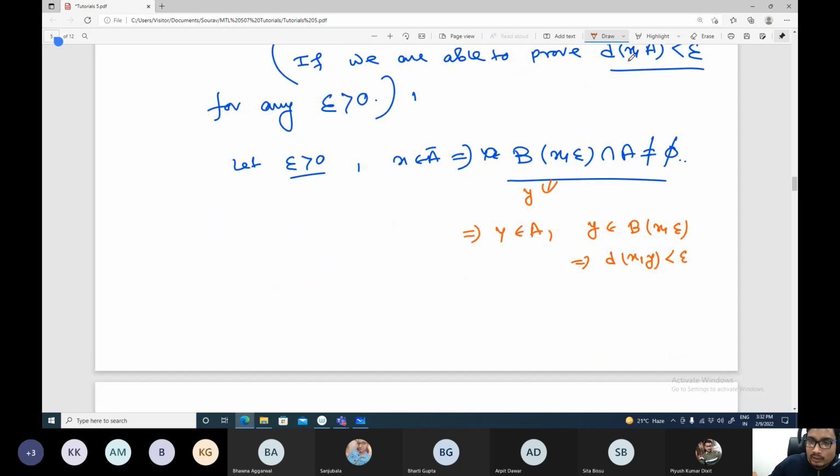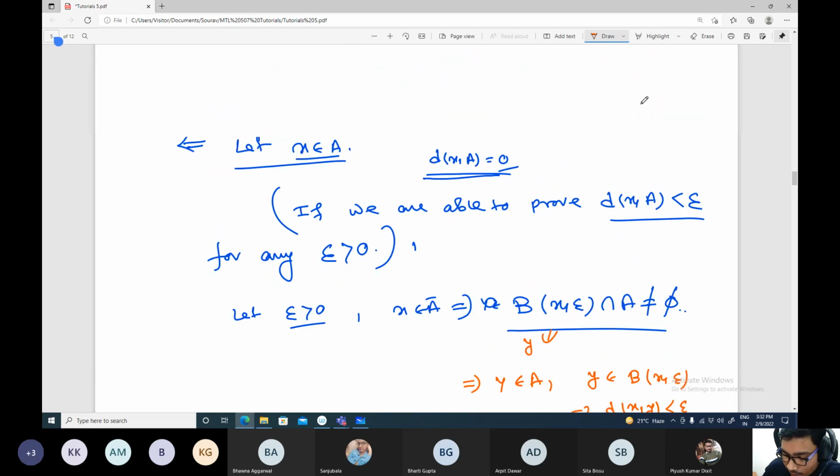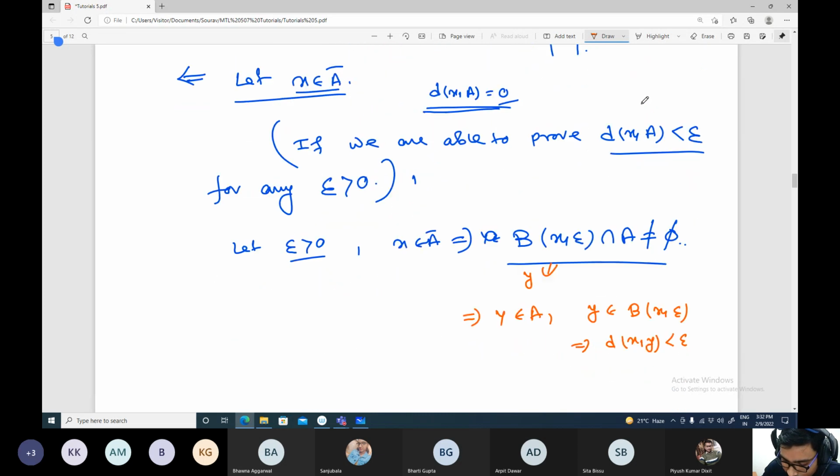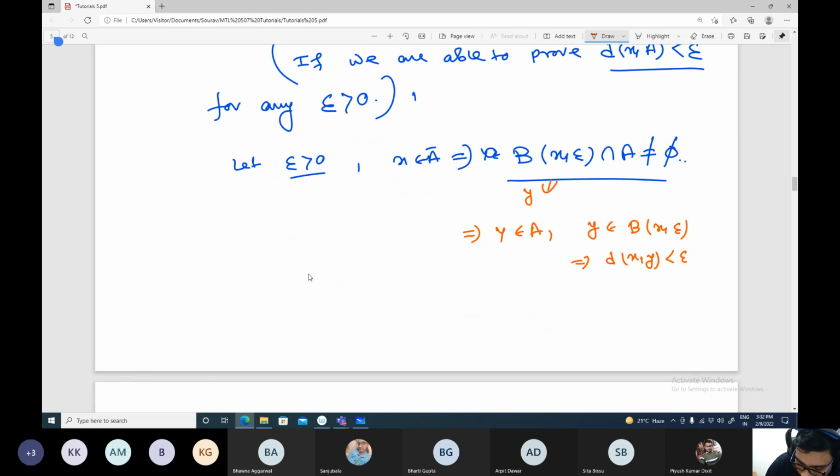Now see, we have an element in this set: if we consider the set of d of x comma a such that a belongs to A, a subset of R, there exists an element d of x comma y such that d of x comma y is less than epsilon.